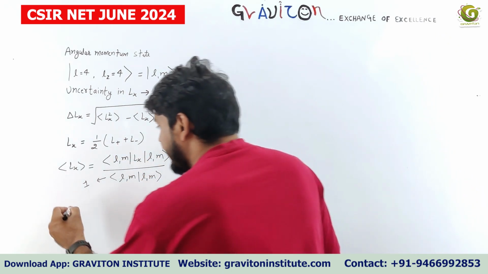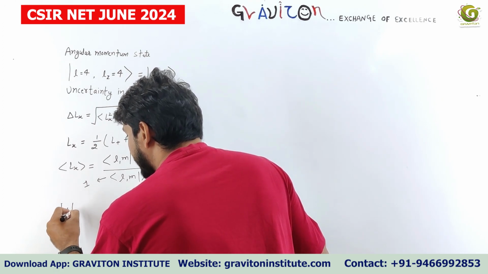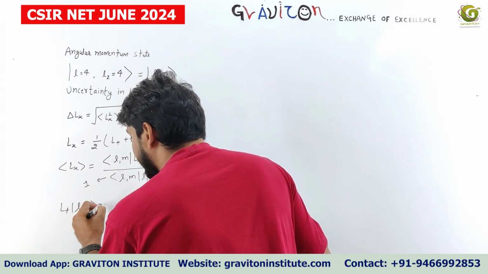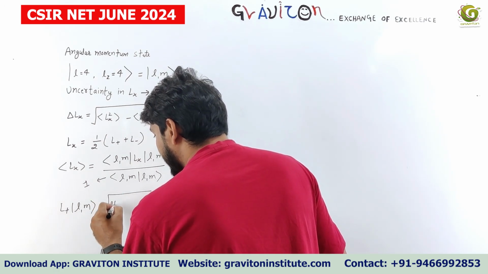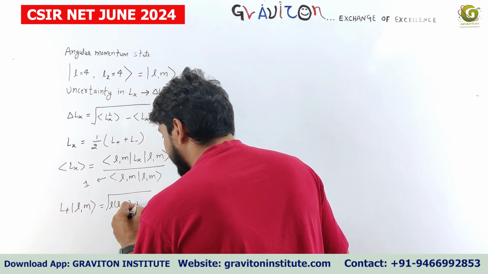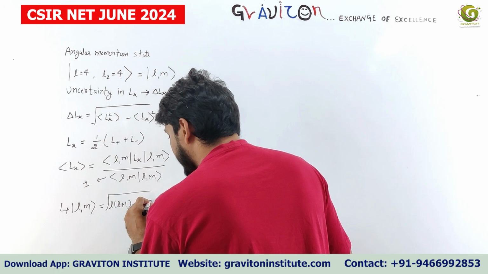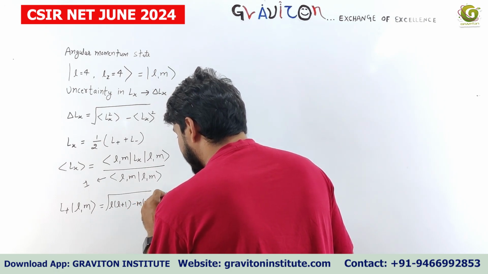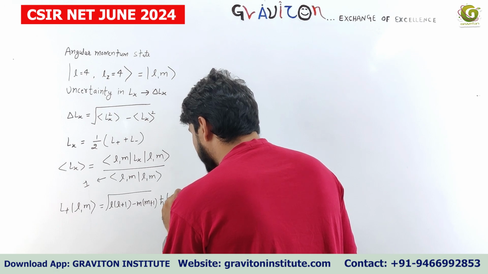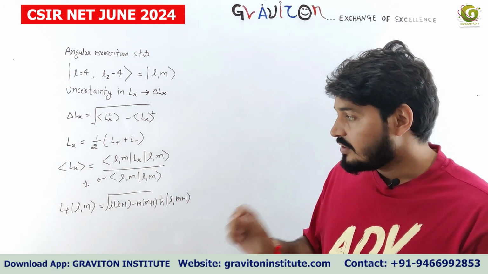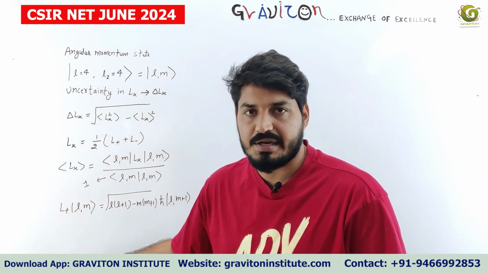If you operate L plus on any state Lm, you get the square root of L into L plus 1 minus M into M plus 1, times h cut, L M plus 1. These are ladder operators.